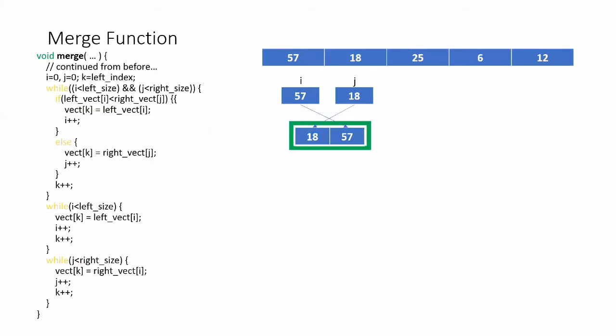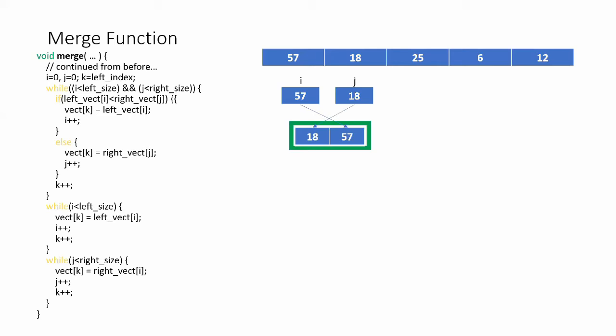So the second half of merge is now continued. We set i, j, and k to their values, and we enter a while loop. So while the left side i, which in this case is 0, is less than the left size being 1, and j, which is 0, accessing the first element of our right side vector, is less than the right size, while this is true, and in this case it is, we're going to keep adding the in-betweens of merging.